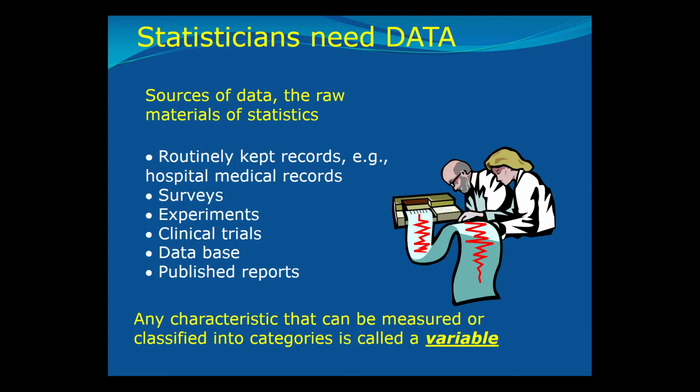for the patient's data. Any characteristic that can be measured or classified into categories is called a variable. A variable is a very important element, a very important item we use in statistics. Characteristics of a patient that can be measured or classified into different categories.